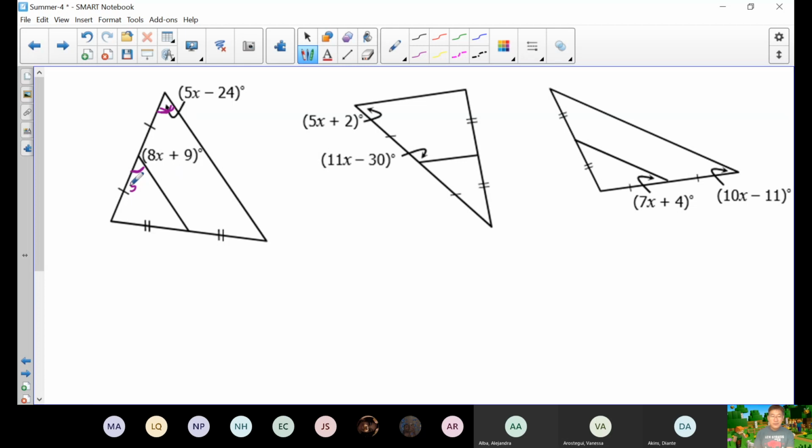And this is a 5x minus 24, right? And this angle plus this angle is making always what? 180, right? So we set up the equation. When you add these two angles equal 180.